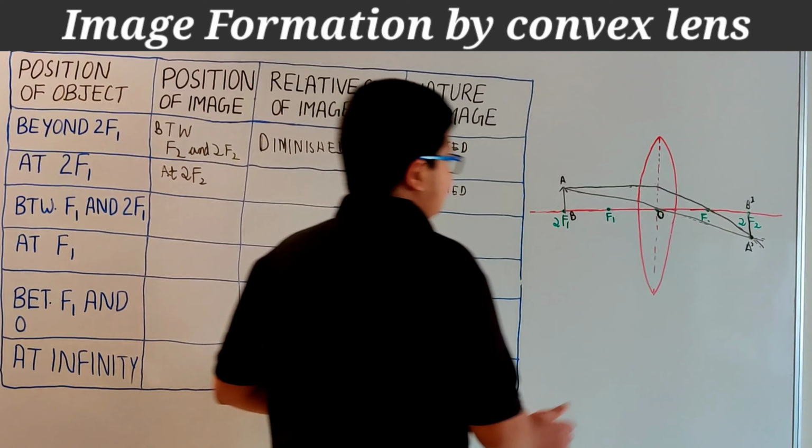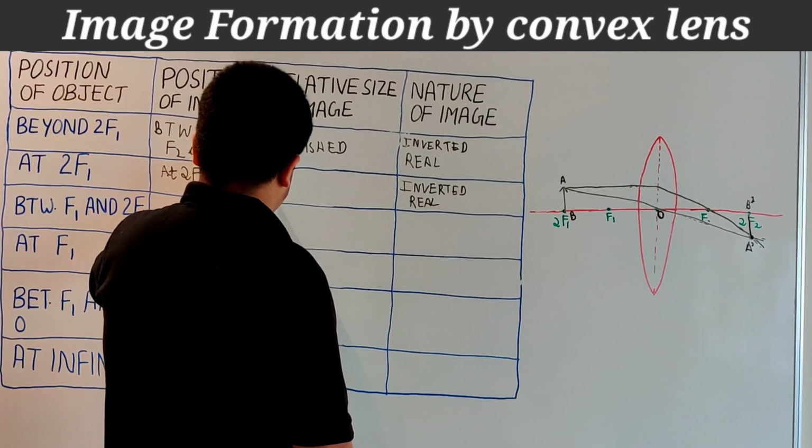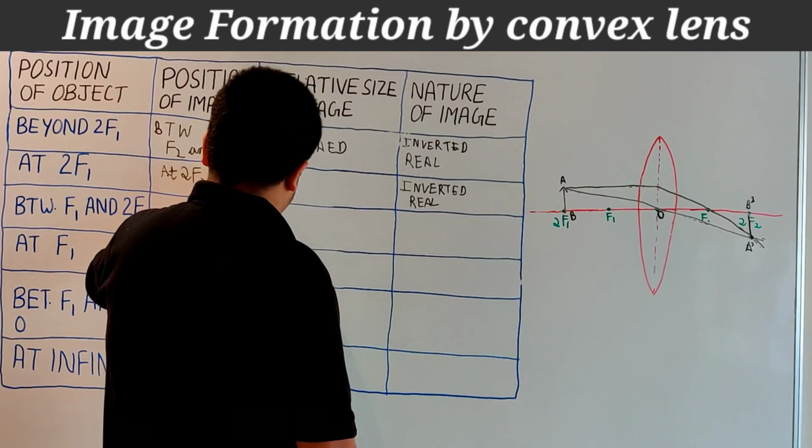In this case, the size of image formed will be the same size. If you try this experiment and draw these ray diagrams in your book, and take the size of the object to be one line of your copy, then the size of image formed in this case will also be one line of your copy. That will prove that the image is of the same size as the object.